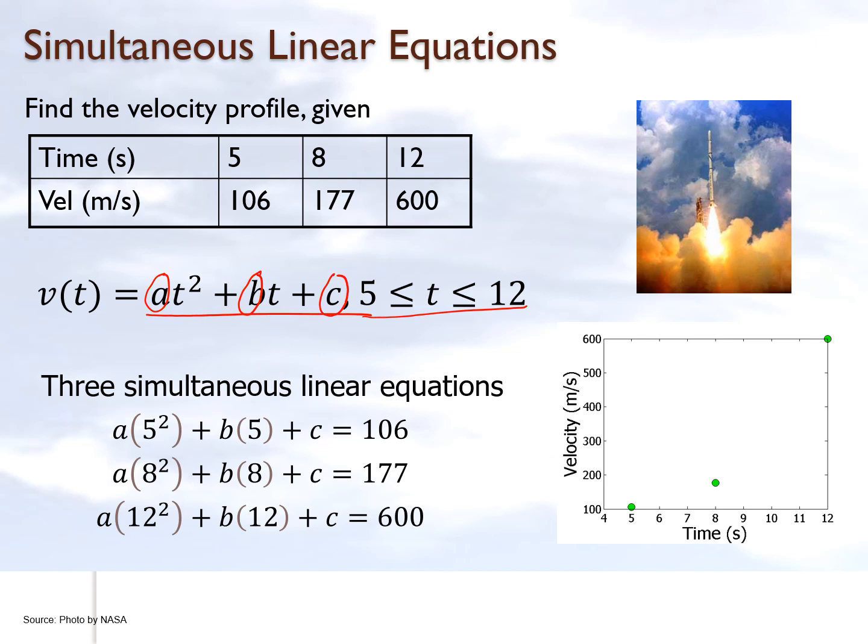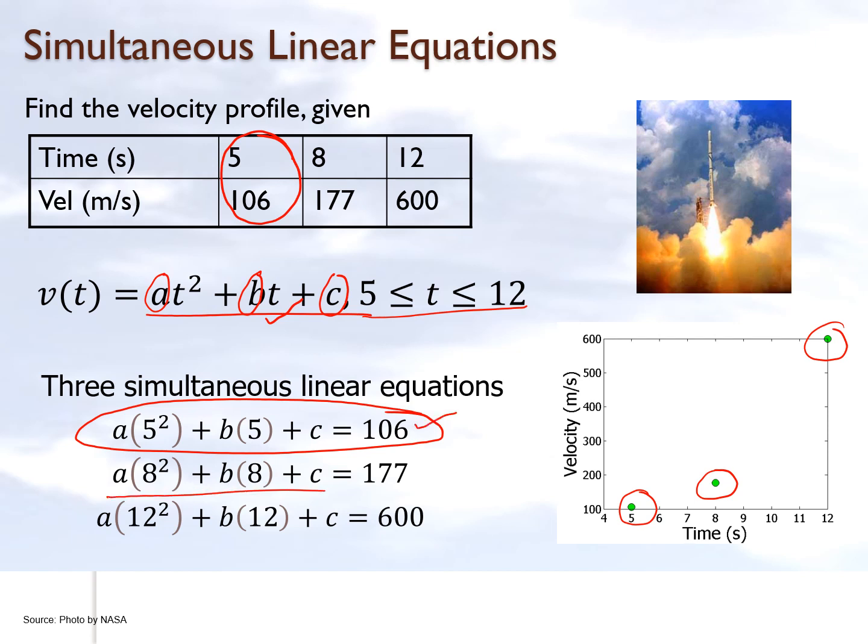So this gives you the graph of the problem. In order to find A, B, and C, all you have to do is say that since at t equal to 5 the velocity is 106, this equation right here has to be valid at 5. So if I put t equal to 5, then on the right hand side I can put 106.